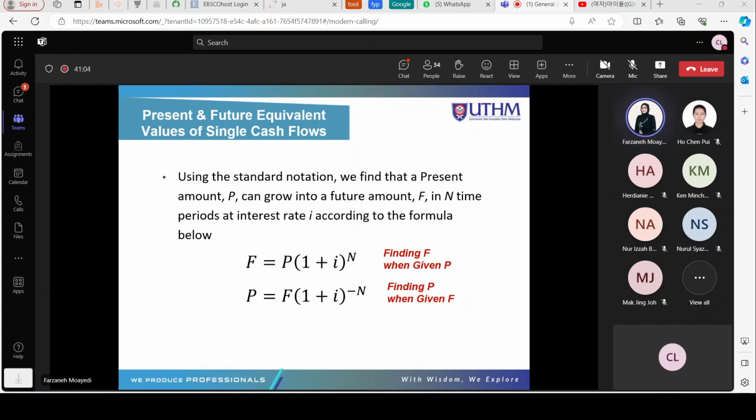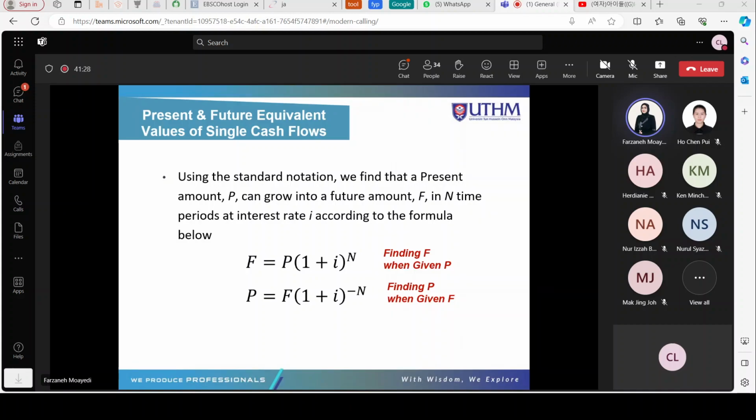But what I want you to understand very clearly is that we started chapter 4 with the concept of time value of money. The simplest explanation I can give is that as time passes, the value of money is also changing.